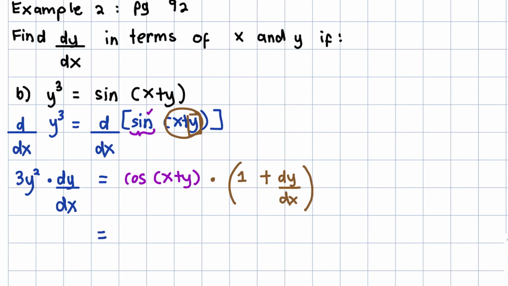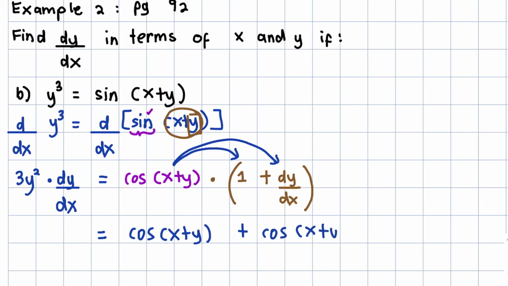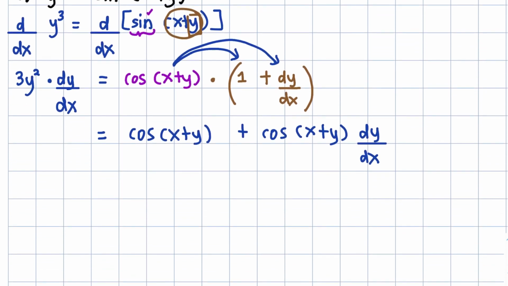For the first term, you multiply and get cos of x plus by y. The second term, you multiply and get plus by cos of x plus by y dy over dx. Then the left hand side still remains the same, just write it back.